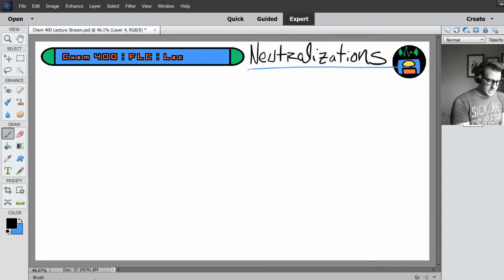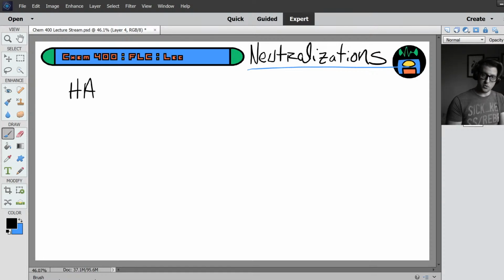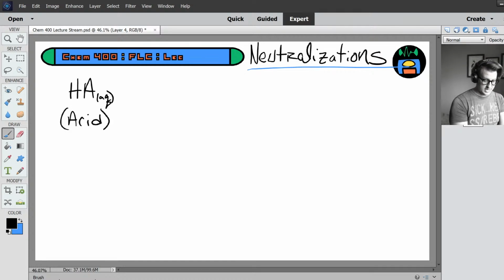You have some generic acid, HA, and this would be an example of just a monoprotic acid, which means there's only one proton to donate. Sulfuric acid, H2SO4, would be a diprotic acid. Phosphoric acid would be a triprotic acid, H3PO4. So there's our monoprotic acid, HA, and this, as I've said, is our acid.